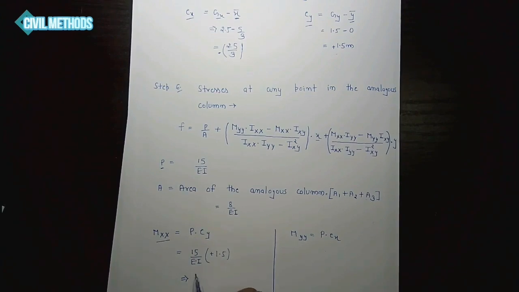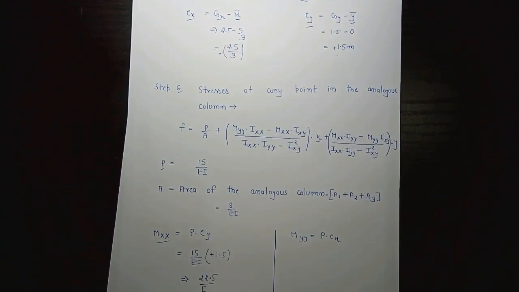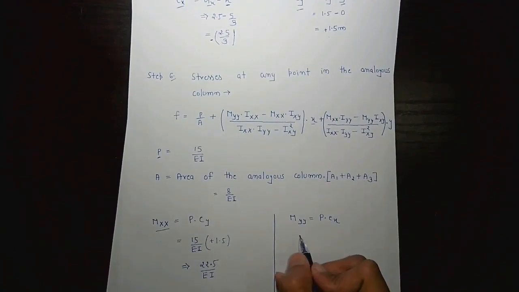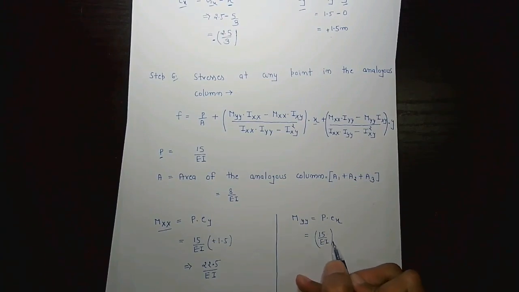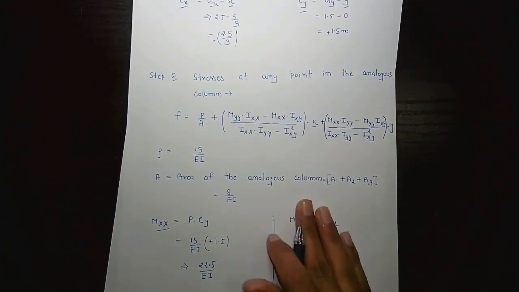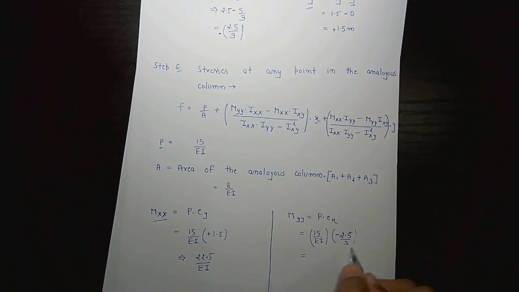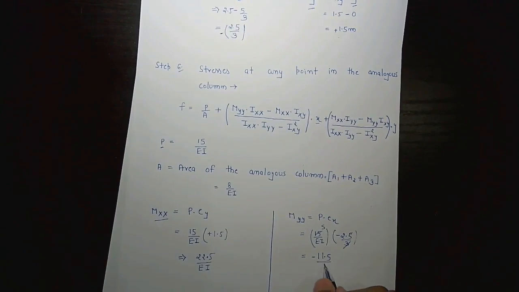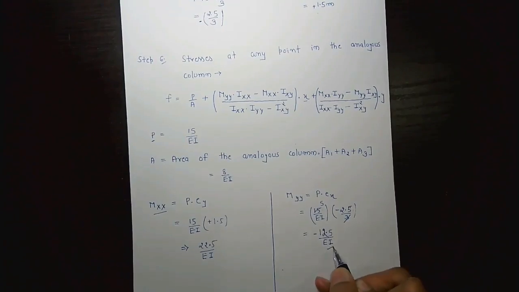It will be equal to 22.5 divided by EI. Now Myy is P multiplied by eccentricity in x direction, which is negative 2.5 divided by 3. It will be equal to 12.5 divided by EI, negative.